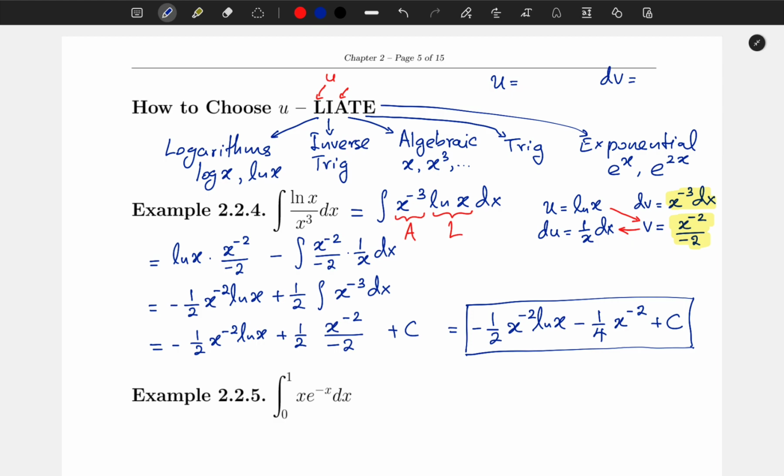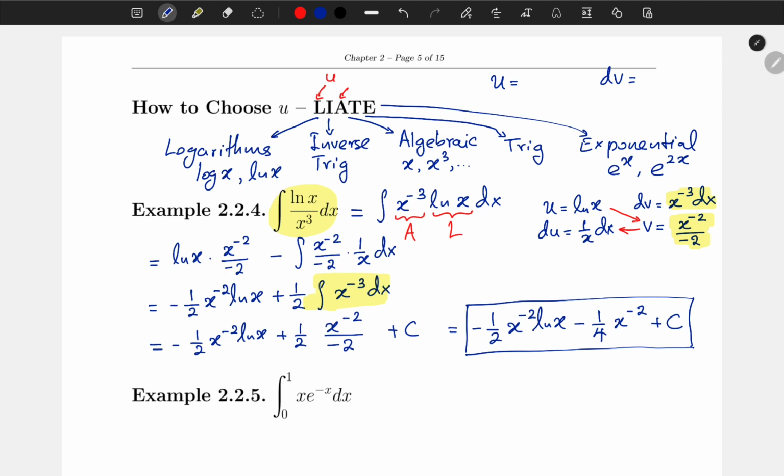Now again, the special thing about integration by parts is, given one integral, we are going to rewrite it using another integral. And the hope is this new integral is easier to evaluate than the previous one.